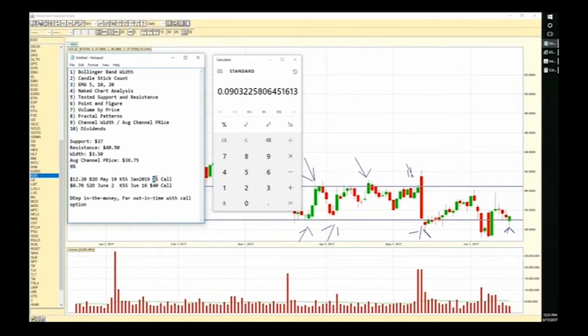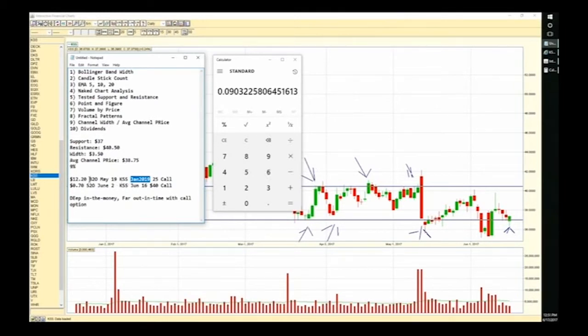That means the $25, if we were trading at $37, is considered very deep in the money. Far out in time, so January of 2019, that's as far as we can go at this point. And this deep in the money, far out in time call option is going to act dollar for dollar with the underlying symbol.